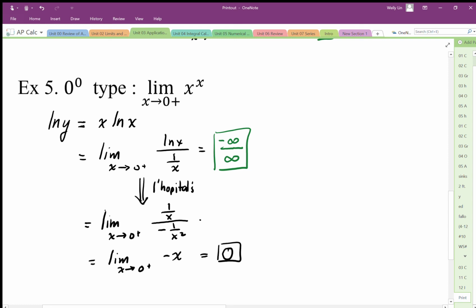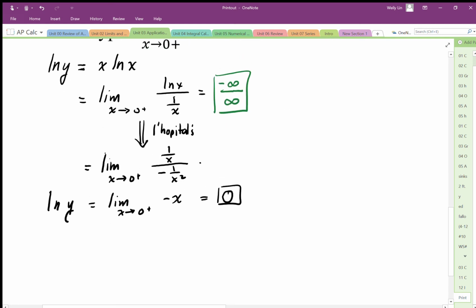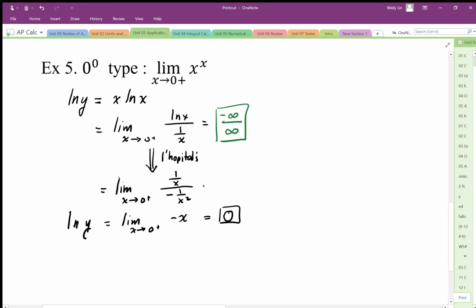Now remember that I've only solved for log y, so I still need to find the y value. So I think I have space down here, which I'll write it. Log y equals 0, then I can say that y is equal to e to the power 0, which means that y is equal to 1.